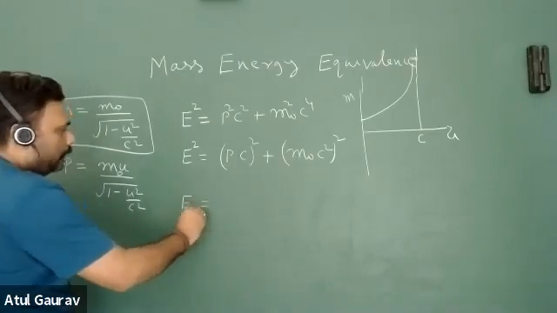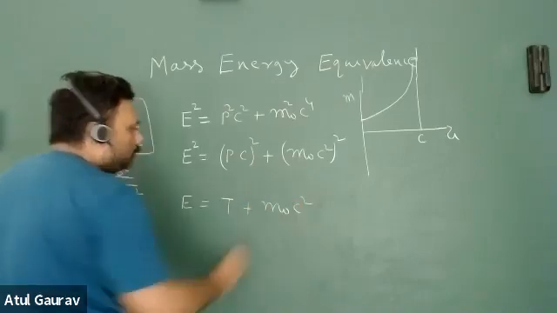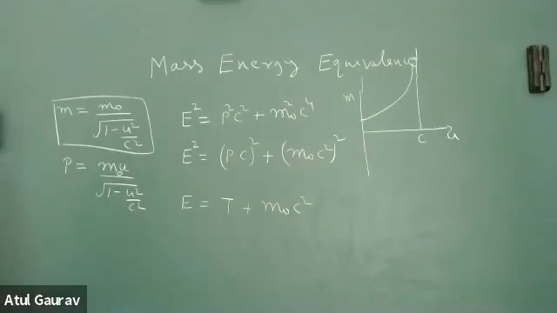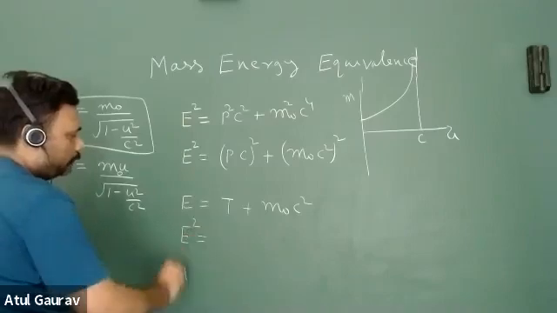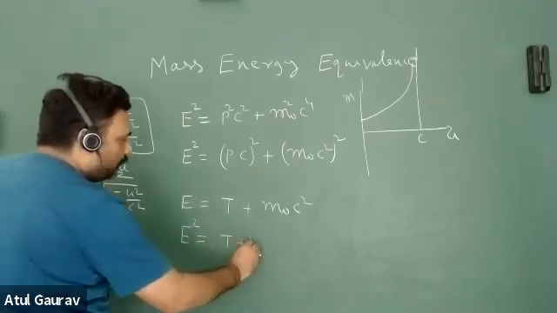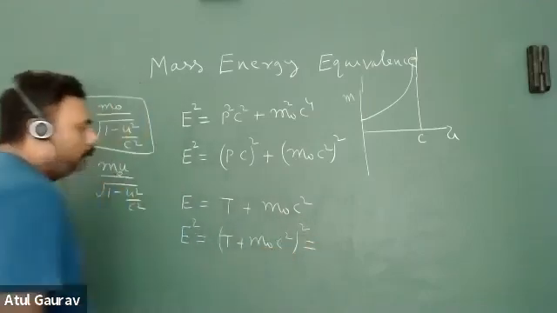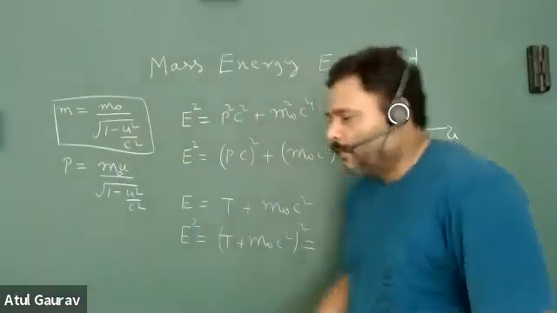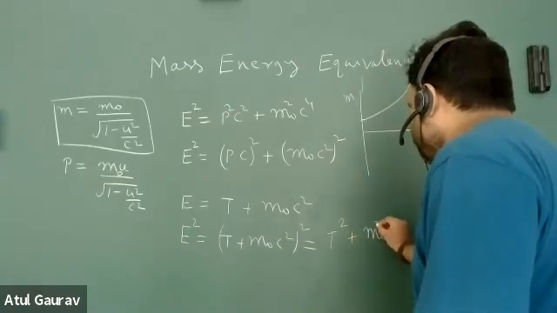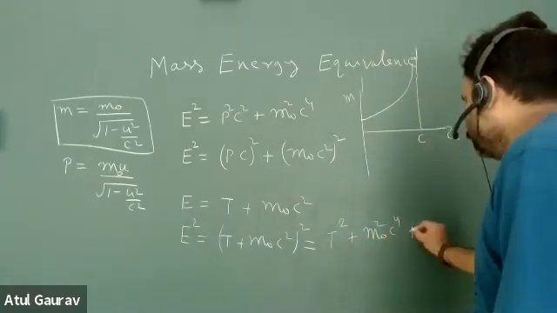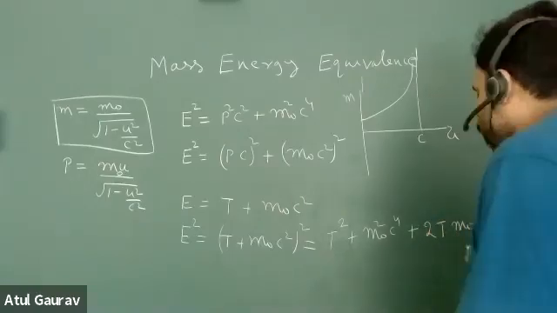Because what is E? E is equal to kinetic energy plus M naught C square. If you square both sides, then what will you get? You will get E square is equal to T plus M naught C square whole square, which is equivalent to T square plus M naught square C4 plus 2 times T M naught C square.